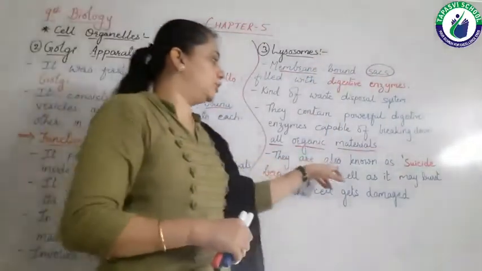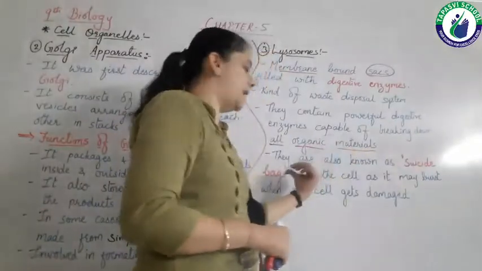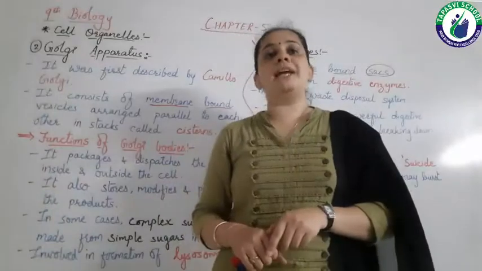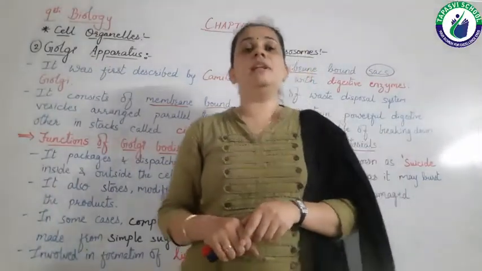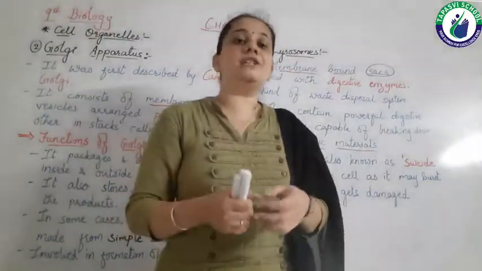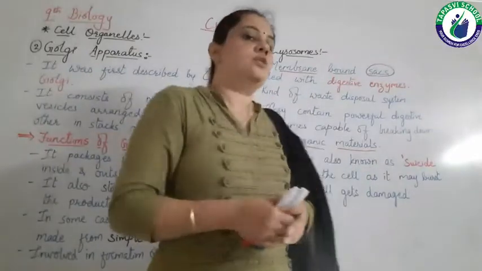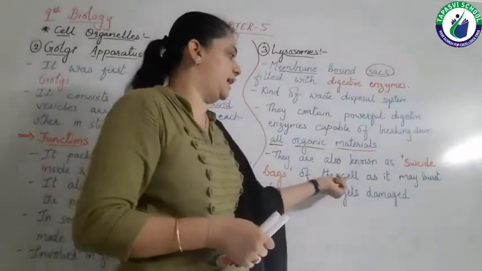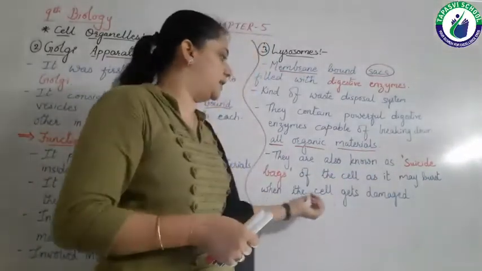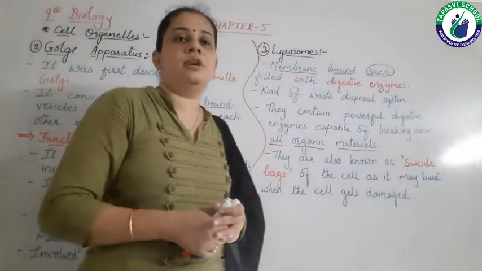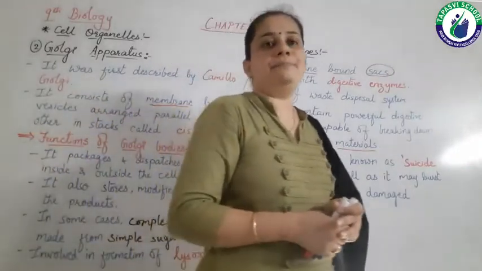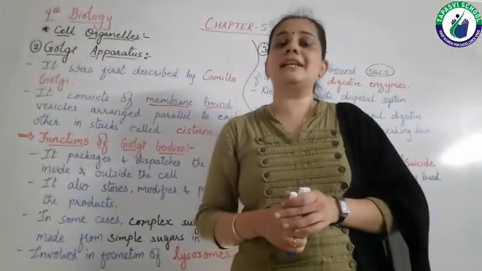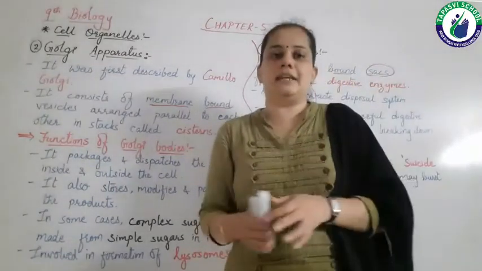They are also known as suicide bags. Suicide bags means it will kill its own cell, right? So they are known as suicide bags of the cell, as they may burst when the cell gets damaged, meaning when the cell has any worn out parts or gets damaged due to anything.